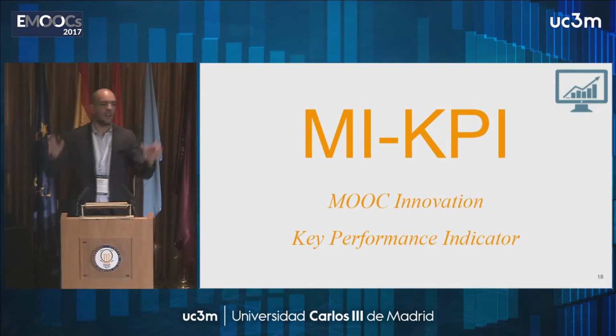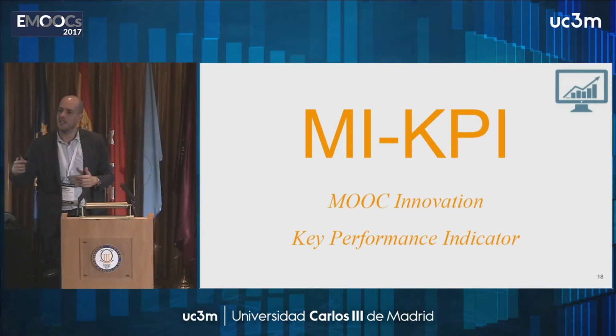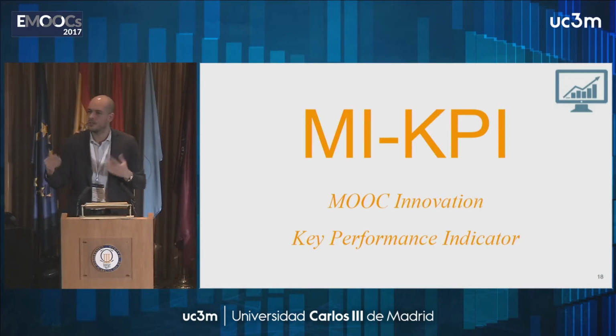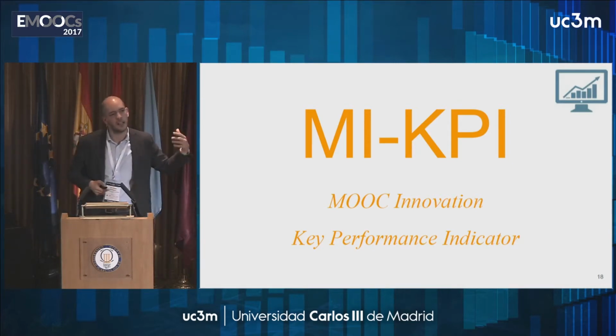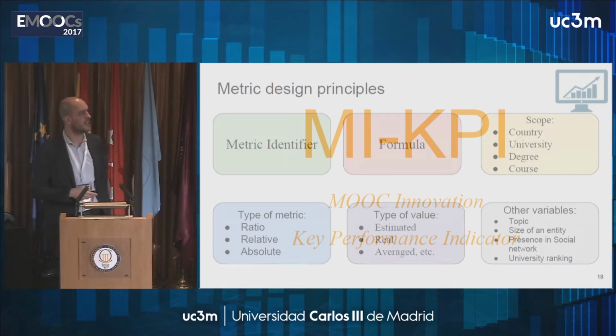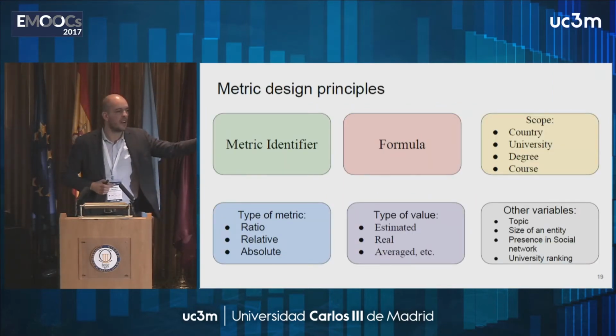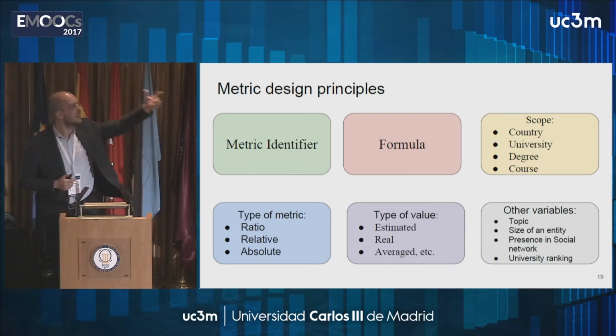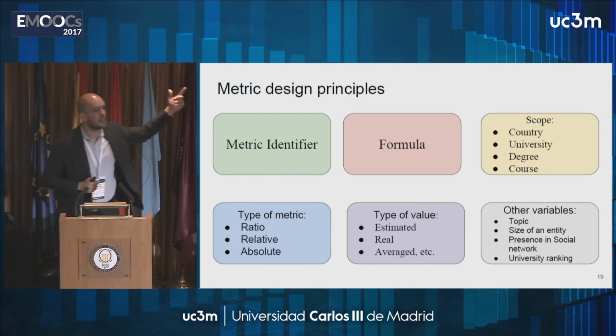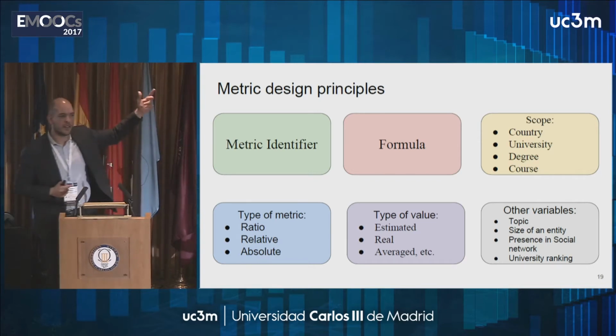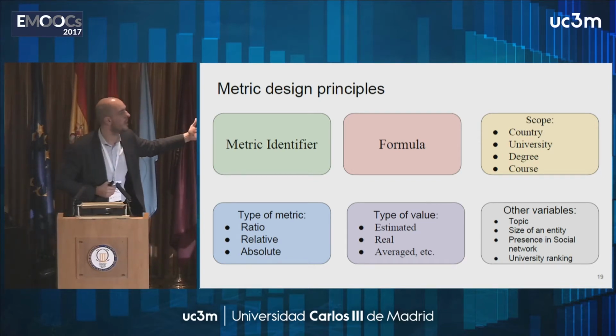So since we have a name for the indicator, what we need is a set of metrics to be able to measure that indicator, which actually is just a qualitative definition. For defining a metric, we need an identifier, a formula, and a scope. We can have different types of metrics: ratios, relative values, absolute values.